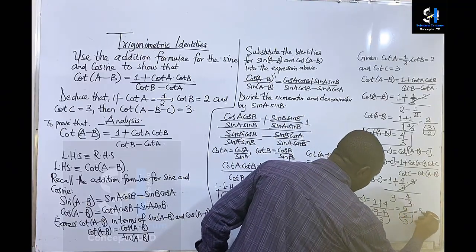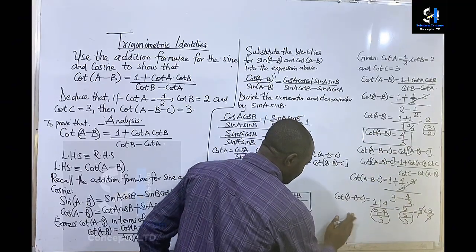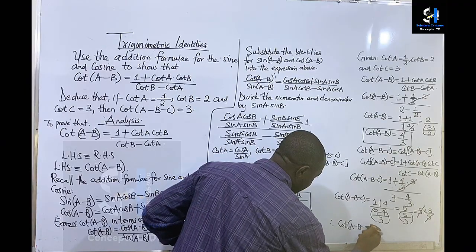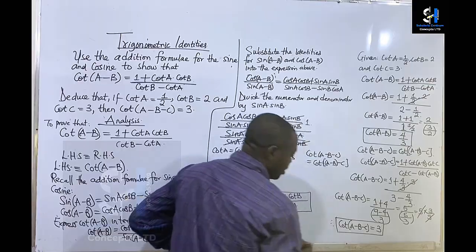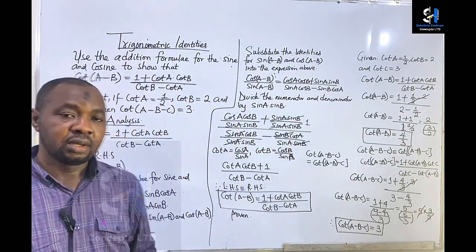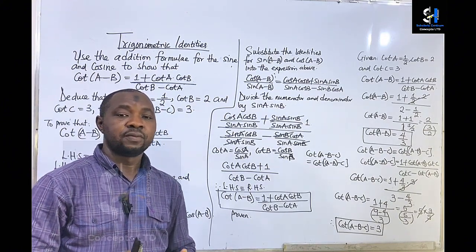So from here we have 5 multiplied by 3 over 5. This will cancel this. Therefore cot(A minus B minus C) is equal to 3. And we just proved that cot(A minus B minus C) is equal to 3.